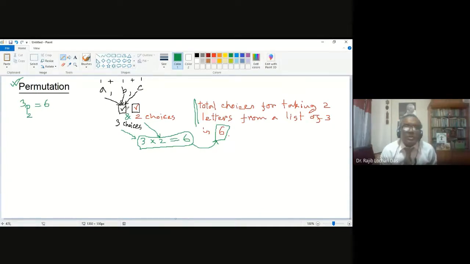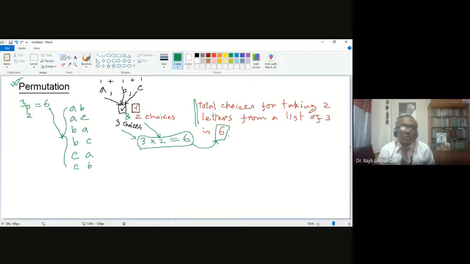So what are the things actually? Here the things are A, B or A, C or B, A or B, C or C, A, then C, B, like that. So these are the 6 things we have got. These are 6 different arrangements.